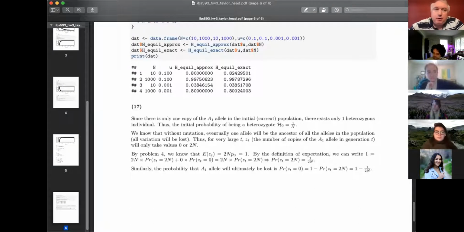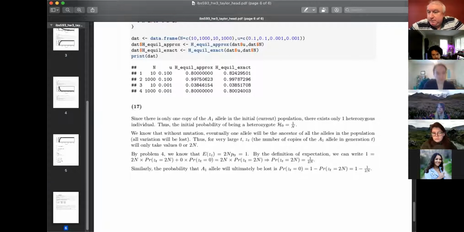That's how we learn the probability of a newly arising mutation at frequency 1 over 2n. The probability that it will ultimately fix in the population is 1 over 2n. The probability that an allele currently at frequency 0.5 will ultimately fix in the population is a half. If its frequency is 0.1, the probability it ultimately fixes is 0.1.